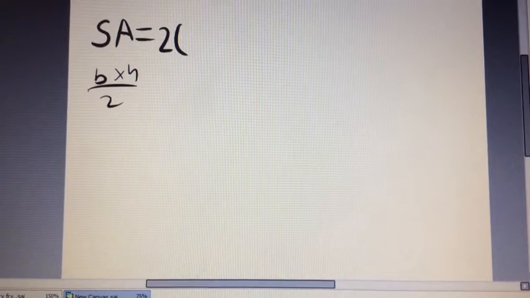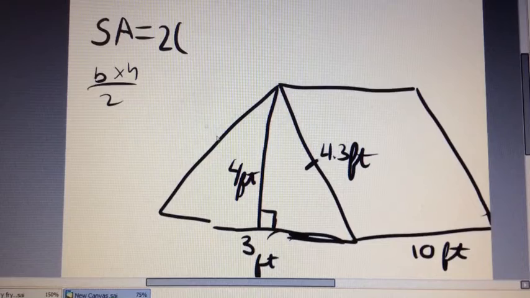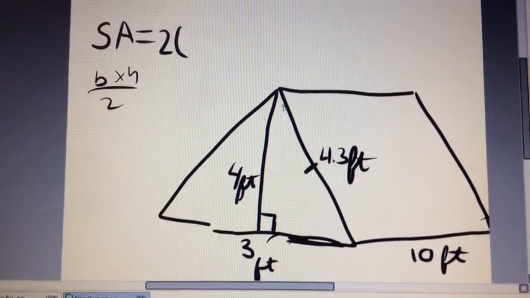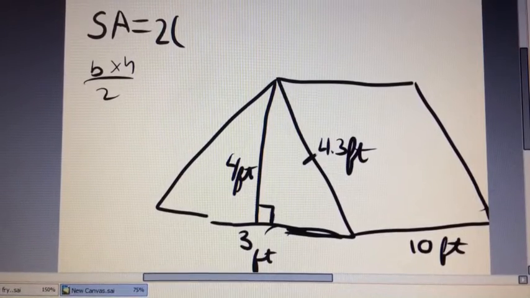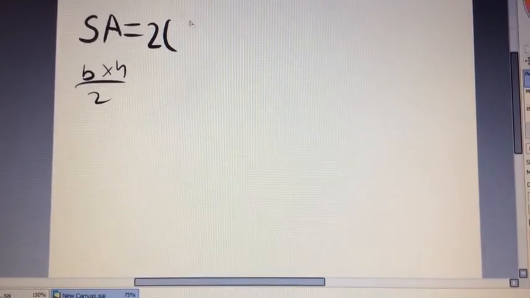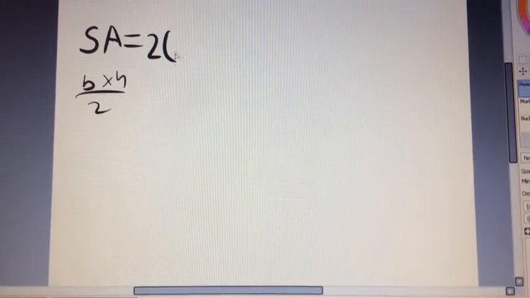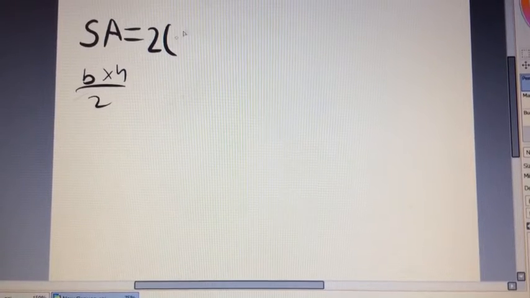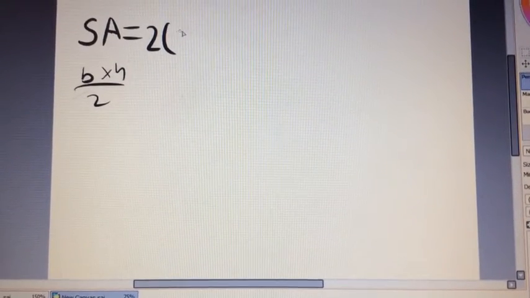So all we have to do is plug in our numbers. 4 times 3 divided by 2 equals 6.